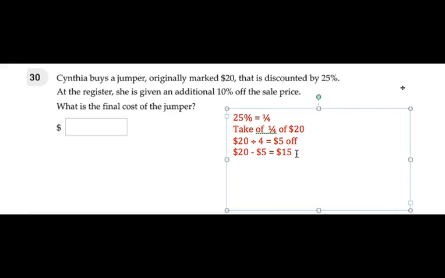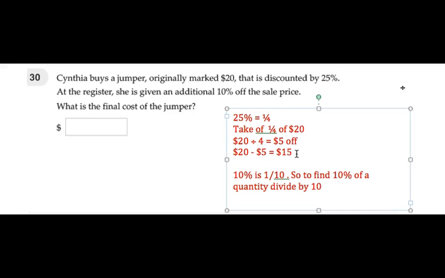Now, 10%, what fraction is 10%? 10% is 1/10. So to find 10% of a quantity, you divide the quantity by 10.